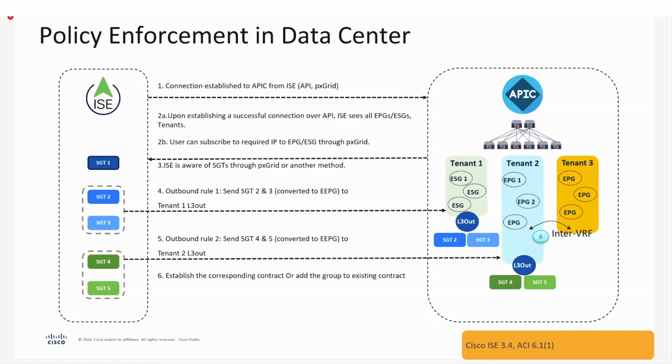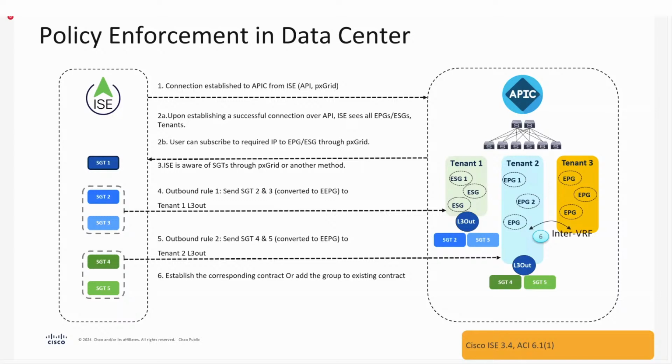Once we do that, we can see all the EPGs, ESGs from ACI and assign them the SGTs. Then we can send those SGTs back over to ACI. They will be converted to the EPGs as well. So all of our SGTs will be converted to EPGs in your ACI.